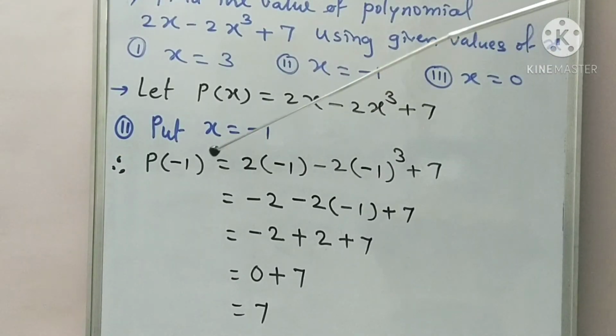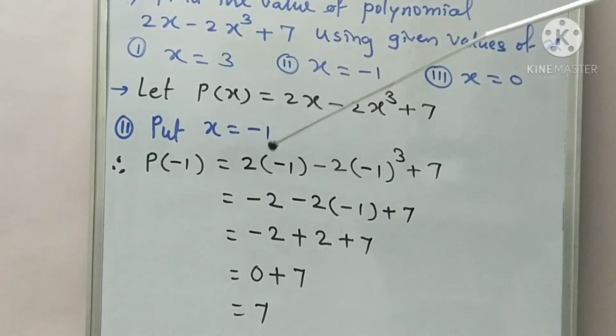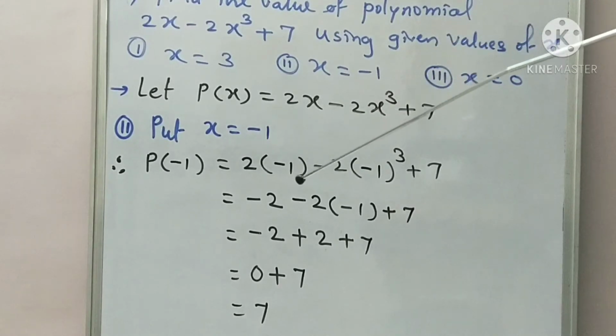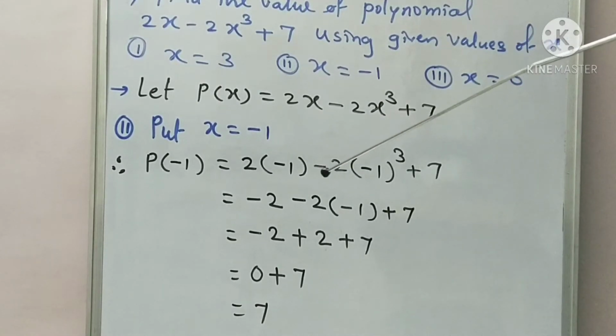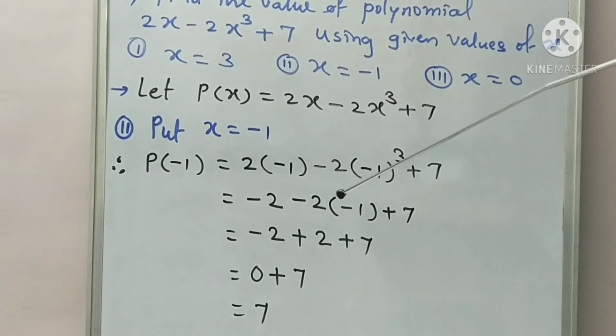So here we solve it for x equal to minus 1. 2 into x means 2 into minus 1, minus 2 into cube of minus 1, plus 7. According to the rule of multiplication of signs, 2 into minus 1 is minus 2. Then we take the cube of minus 1, and the cube of a negative value is negative.